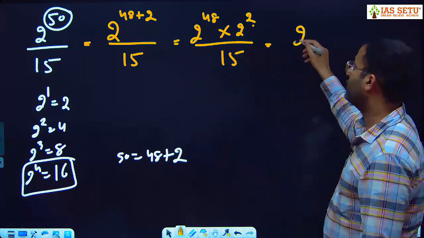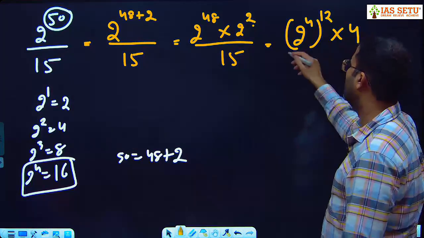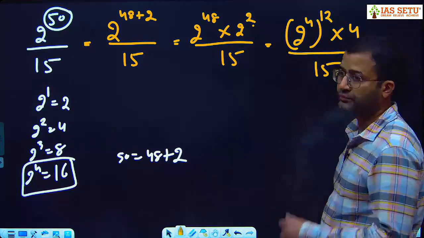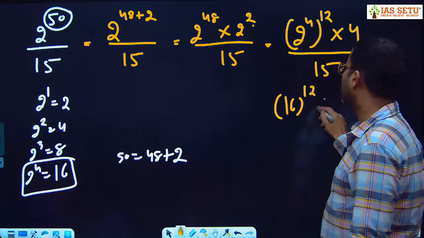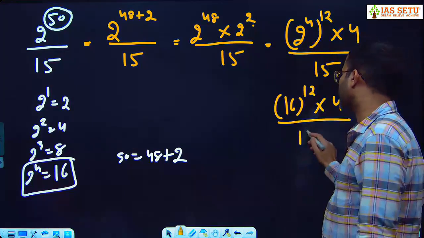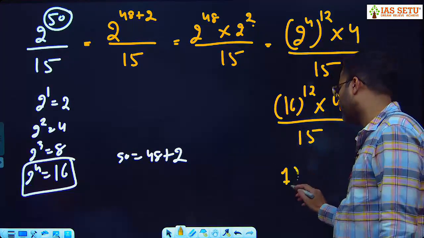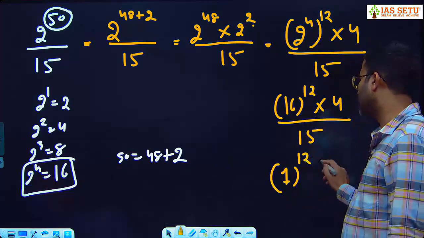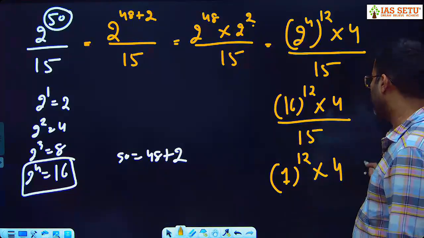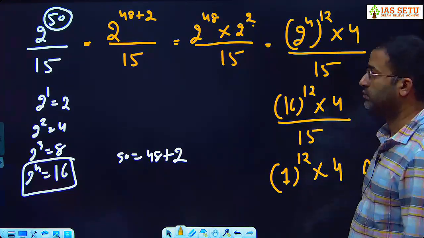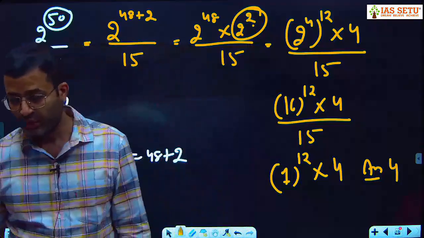Then you can write it as 2 to the power 4 bracket 12 into 4 divided by 15. It is easy. 16 to the power 12 into 4 divided by 15. Every 16 with respect to 15 gives remainder 1. How many times? 12 times. This 4 with respect to 15 gives remainder 4. So your answer here is 4, because we have this extra. Any doubt?